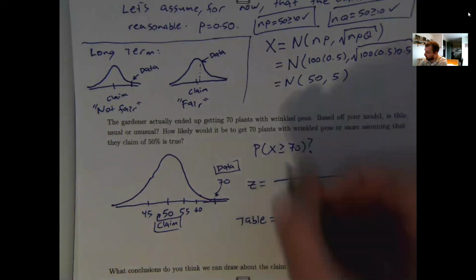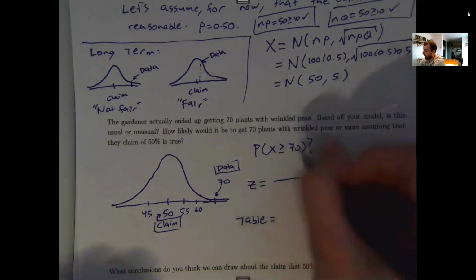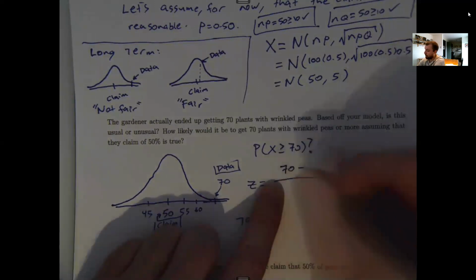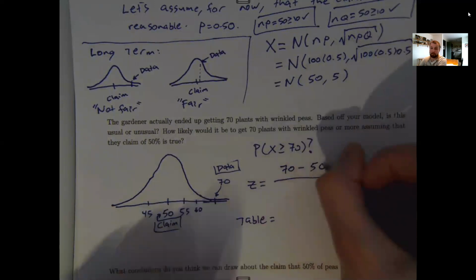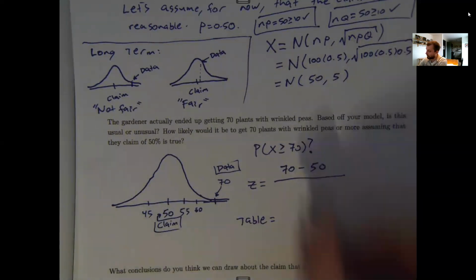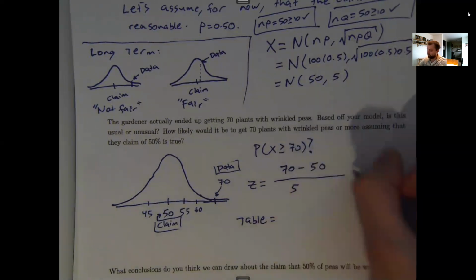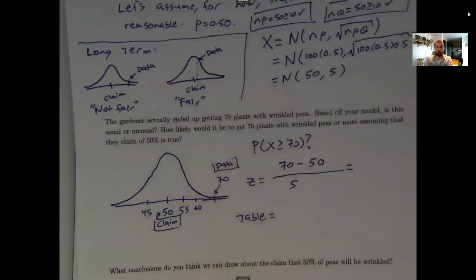To find the z-score, I'm going to take my value. My value is 70. I'm going to subtract the center, which is 50, and I'm going to divide by the standard deviation of 5. So I have 70 minus 50, I have 20, divided by 5. 20 divided by 5 is 4.